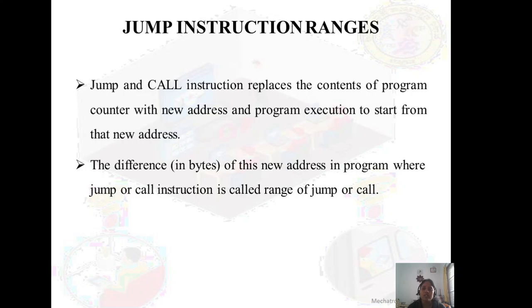Before going to see the unconditional and conditional instructions, first we will see the jump instruction ranges. Jump to this particular address means where it will go. Jump and call instructions replace the contents of the PC, that is your program counter, with a new address and program execution starts from that new address. For example, if you give a jump to a label, it will jump to the particular address of that label.